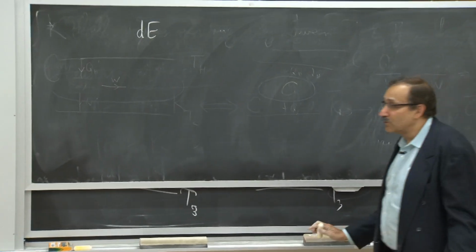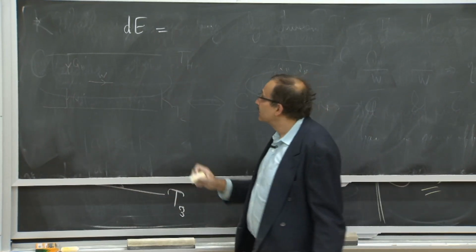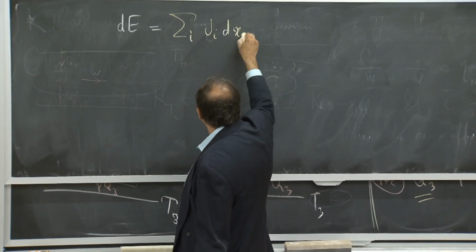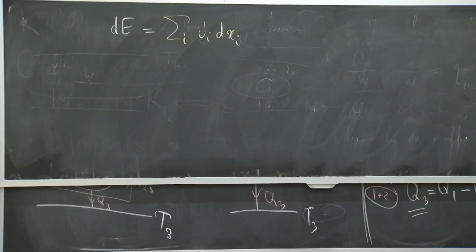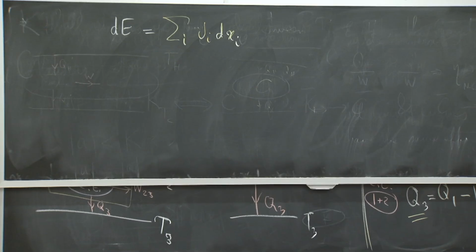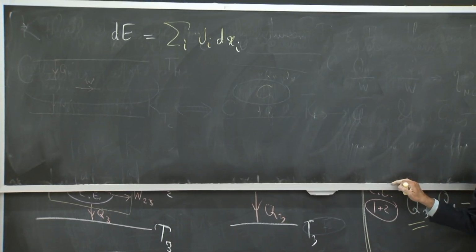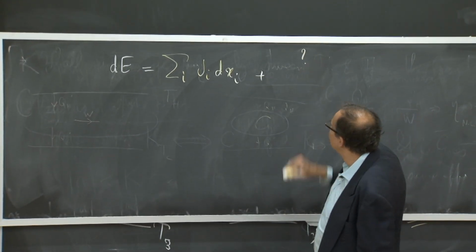And if I was looking only at mechanical systems and there was no temperature in the world, I would construct it as the sum over i of J_i dx_i. But I know that that's not enough, because there are processes by which I can change the state, go from one point in the diagram to another point in the diagram, without doing any mechanical work. So there must be something else.